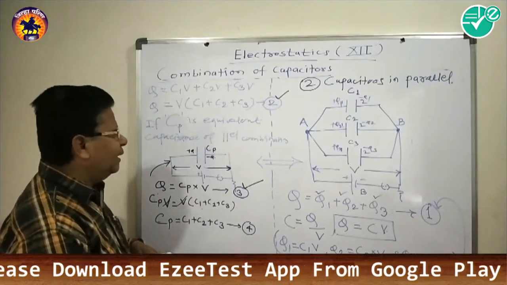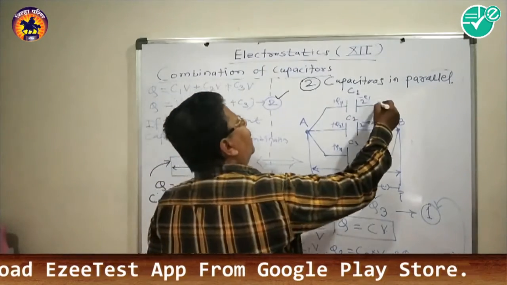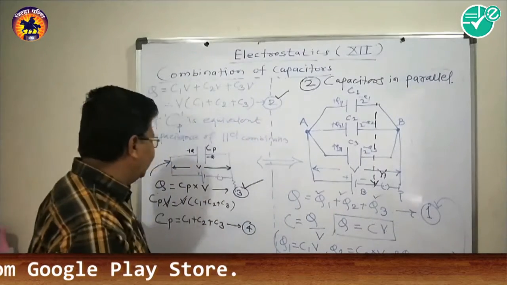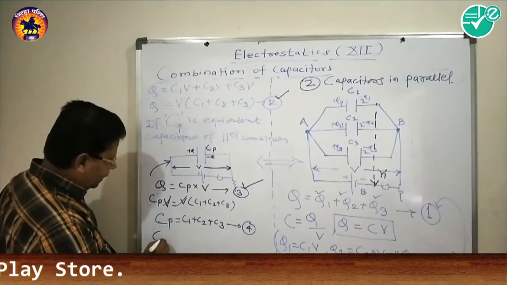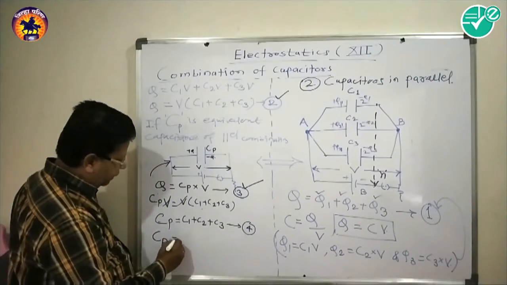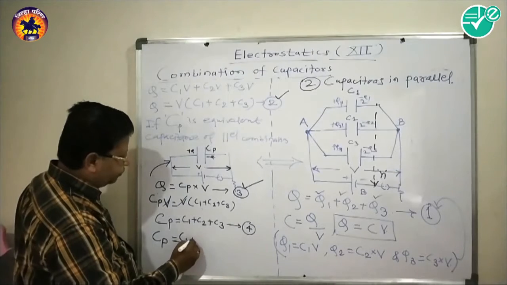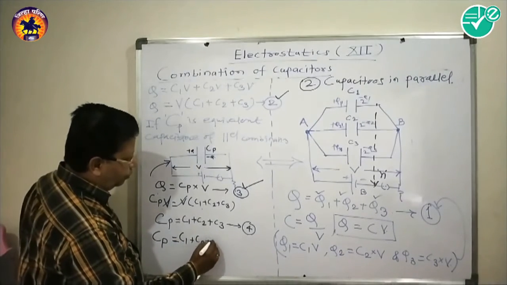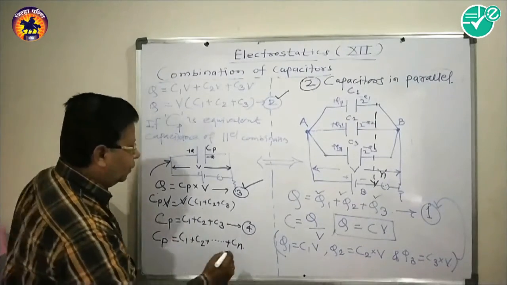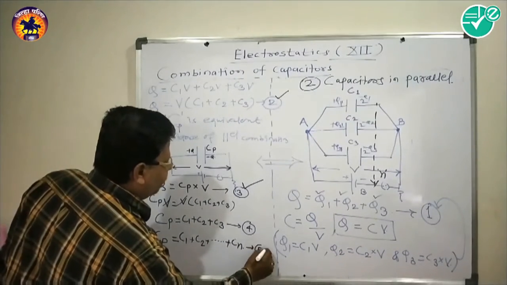And again, if n capacitors are connected in parallel, then we can write the equivalent capacitance of n capacitors in parallel, Cp is equal to C1 plus C2 plus dash dash dash plus Cn. So this is equation number 5.